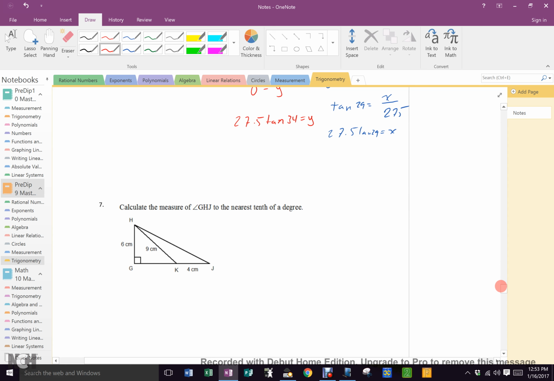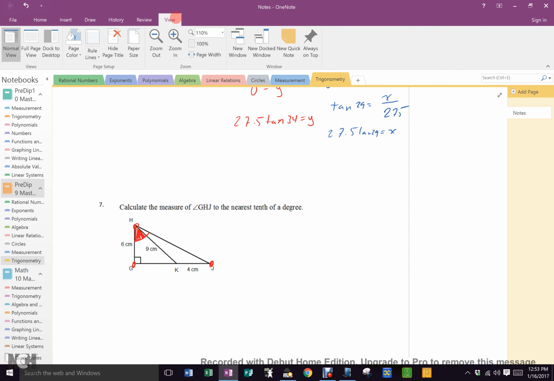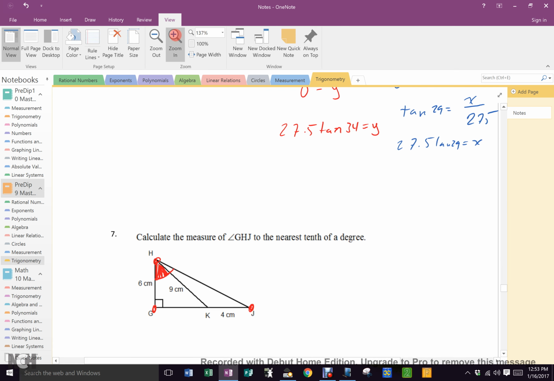Now, the second one, if you've got that written, you know how to do it. The second one causes trouble because many of you, for some strange reason, have not been taught how to read an angle. What angle do I need to find? G, H, J. I need this whole angle, which is this part that I've colored red, plus this part that I colored blue. I'm going to zoom in to make it even easier to see.